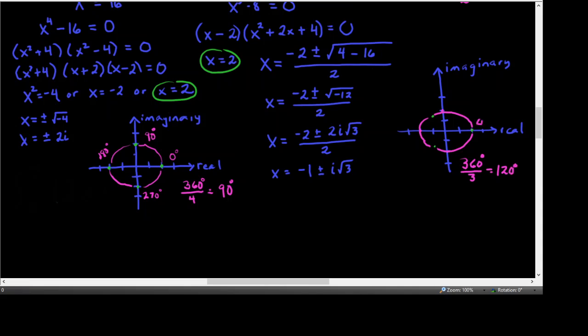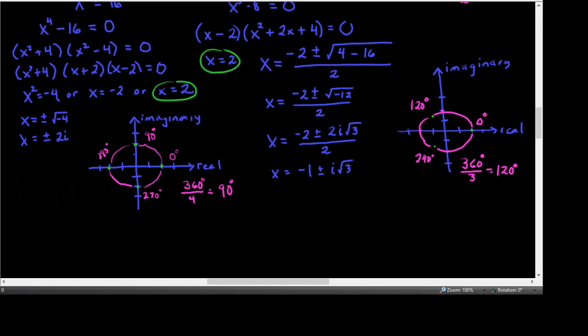So this should be at 0 degrees, because it was a real number, and 120 degrees later, I get my next answer, and 120 degrees after that, I get my next answer. And if I add 120 to that, I get 360, which means I've gone all the way around.